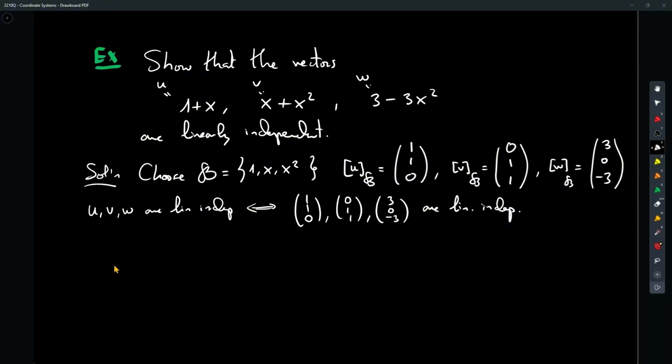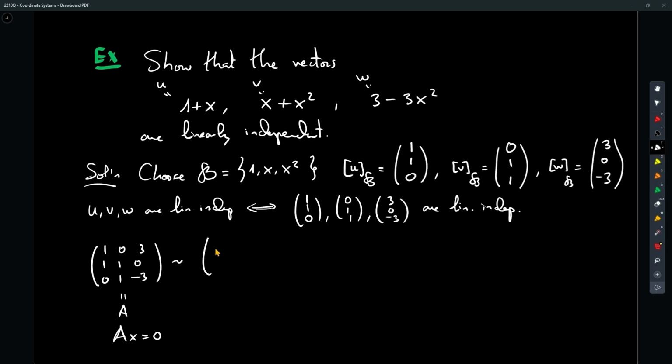And I know how to figure out if these vectors are linearly independent. I just write the matrix with those vectors for columns, and then row reduce. I'm trying to solve AX equals 0, so I would do an augmented matrix with zeros in the augmented column, but I can do it without that column when it's just a homogeneous system.